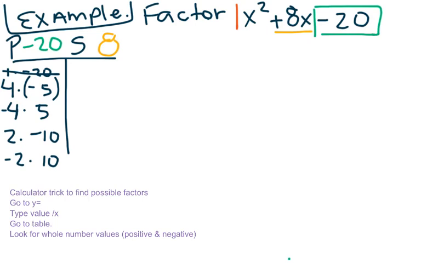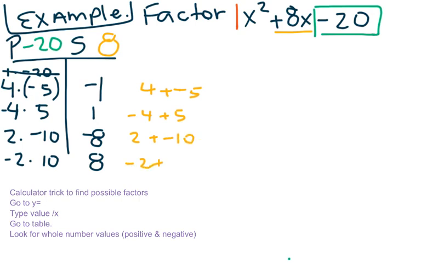So then if I add these numbers up, 4 plus negative 5 is negative 1. Negative 4 plus 5 is positive 1. 2 and negative 10 is negative 8. Negative 2 and 10 is positive 8. So again, here, I know I missed showing you what I'm doing here, but I'm adding these two numbers. Okay, I'm going to just show that out just because everyone does not remember. Okay?